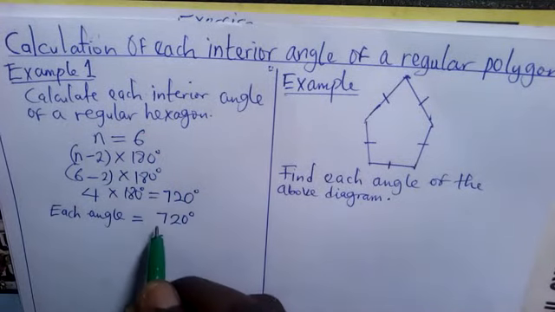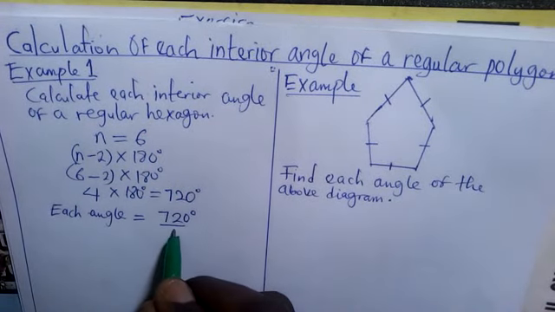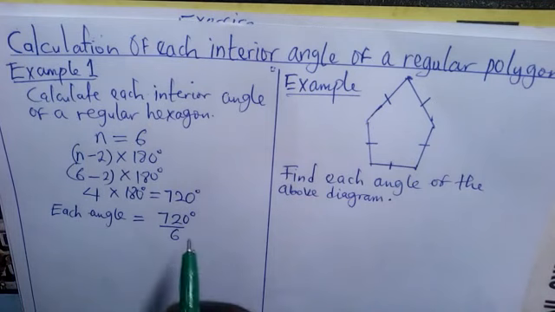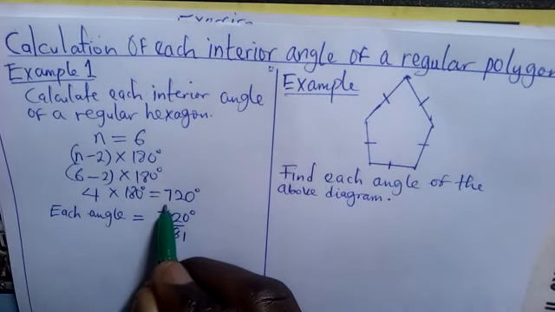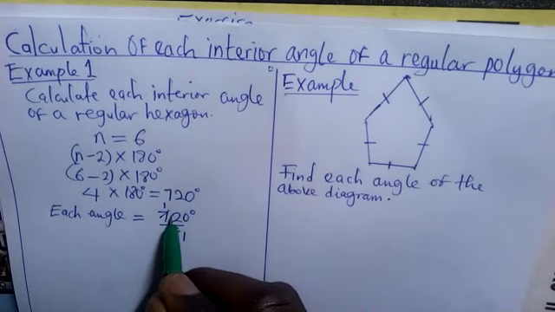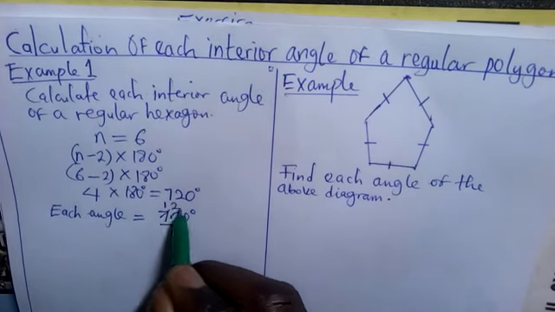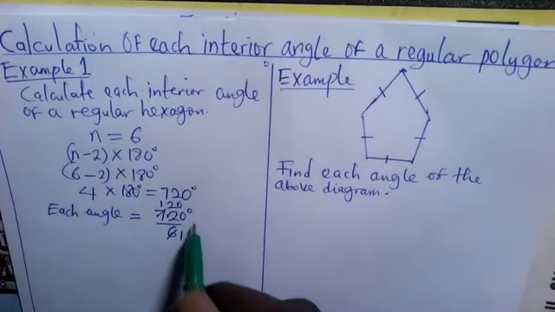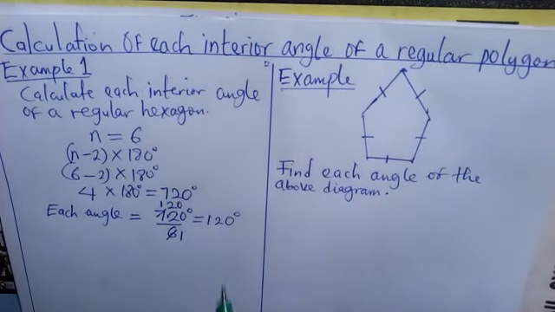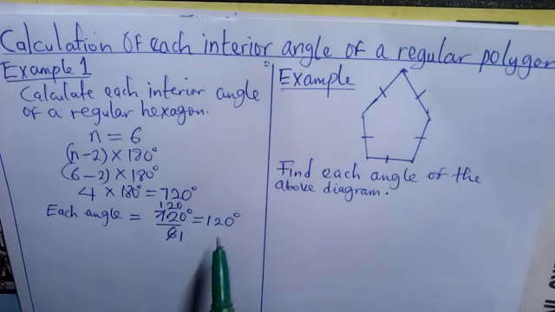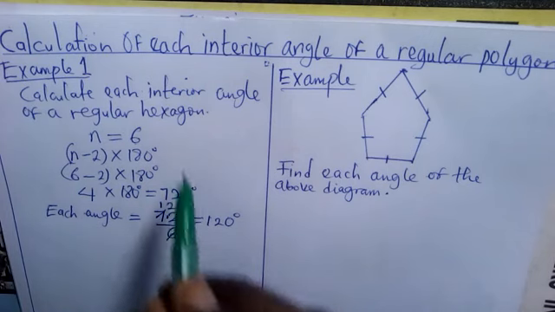Divide by the number of sides or number of angles, and that is 6. 6 in 7, 1, it remains 1. So you are having 12 here. 6 in 12, you have 2. 6 in 0, 0. So 6 in 720 is 120 degrees. Now, this is each angle inside the hexagon.